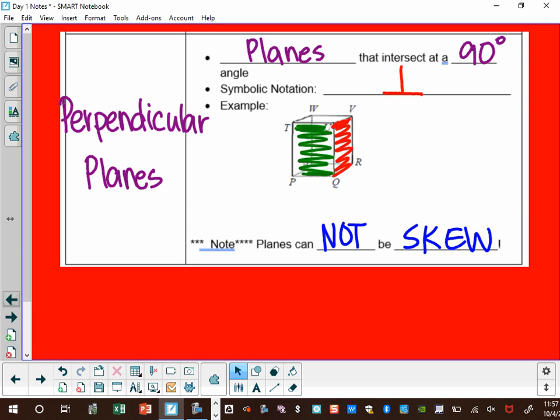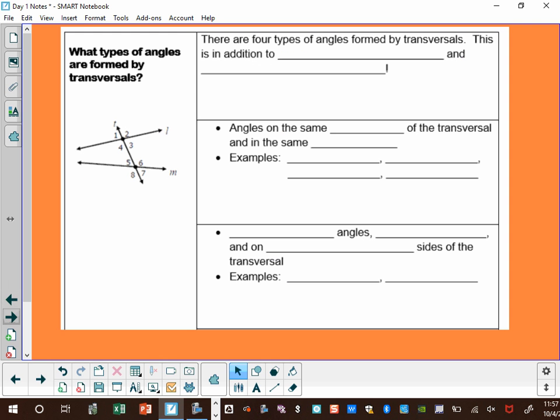All right, so whatever I highlight, you have to highlight. This is the super important part that we're going to do because it is literally the basis of geometry. Everything we do, you have to understand these terms, okay? You actually already know two of them. It says there are 4 types of angles formed by transversals.